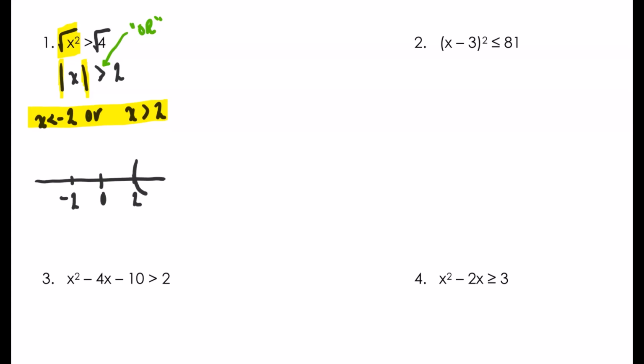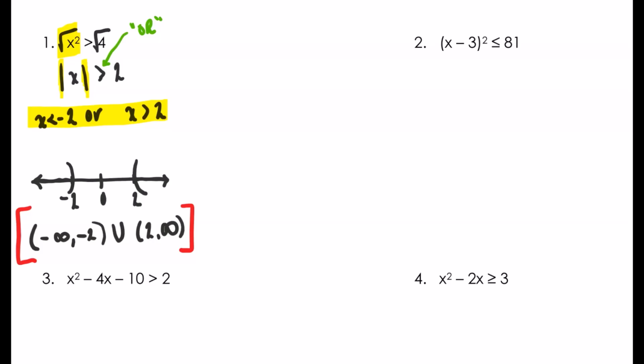So I'd have a soft bracket on 2 with an arrow to the right, and then I'd have a soft bracket on negative 2 with an arrow to the left. So then in interval notation, that would be negative infinity to negative 2, again, soft bracket on both. And then that U, remember, is "in union with," so that joins together the solution sets. And then the second interval is 2 to infinity.